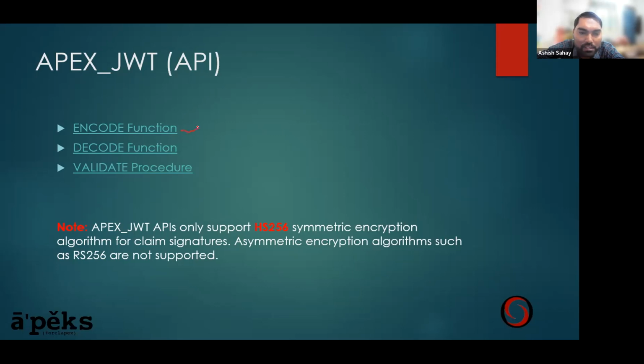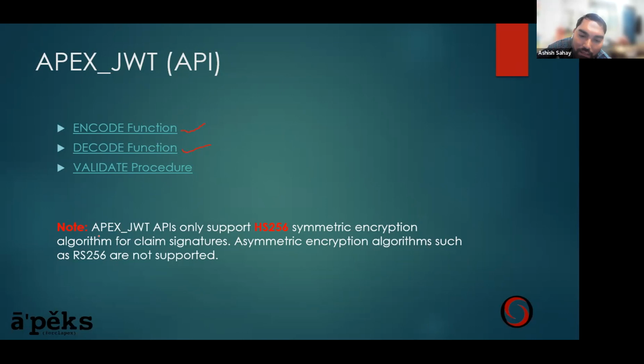Encode is to encode any string, so it is used to generate the tokens. Decode is used to decode it after the encoding whenever you push it to the system. Validate is just to validate whether all the information you have pushed using that signature is valid when you are trying to log in.